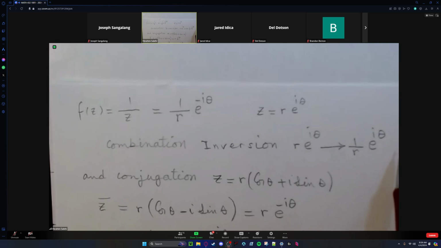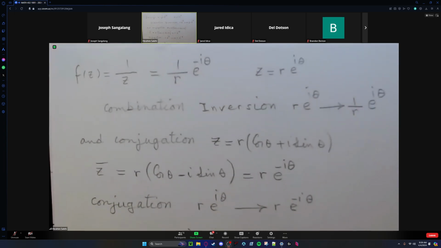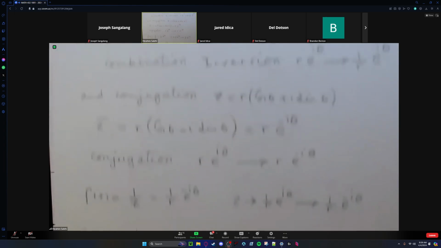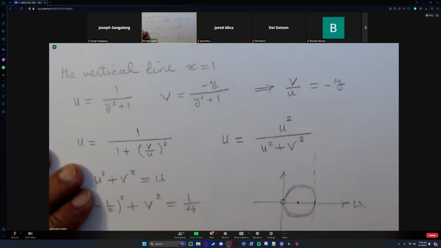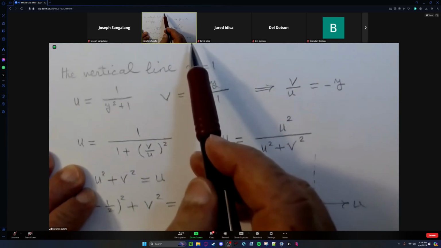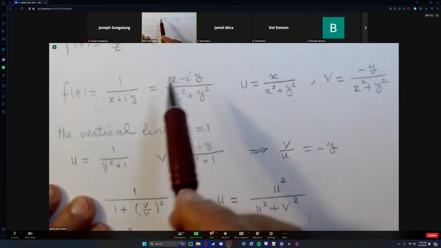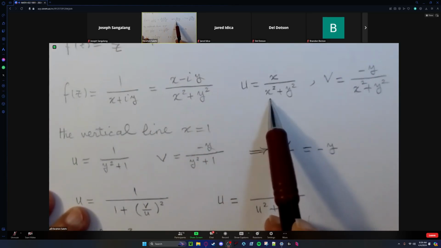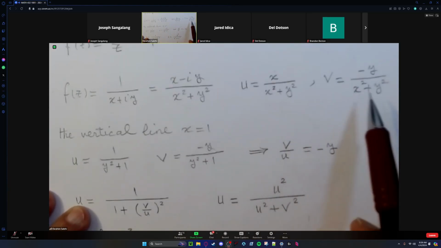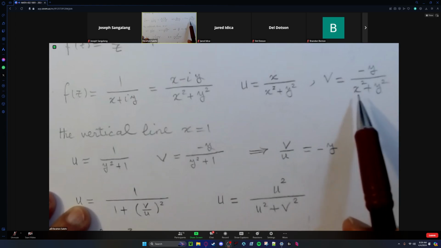And if we replace z by x plus iy, this is what happens. This is the real part and imaginary part in terms of x and y.